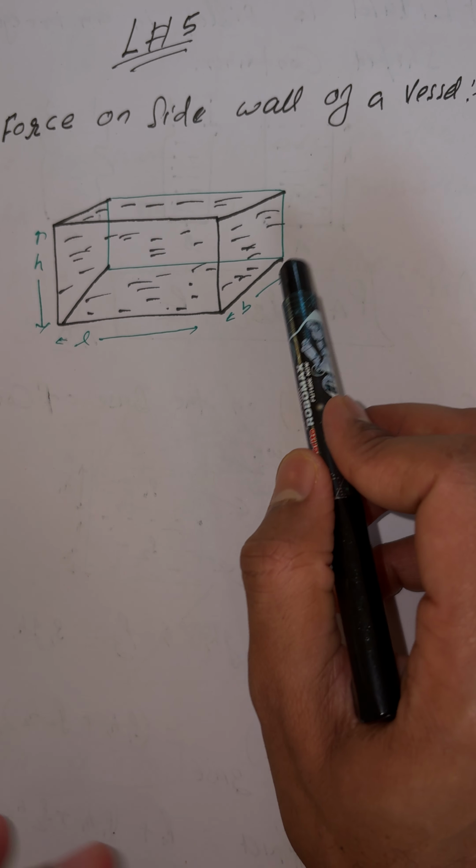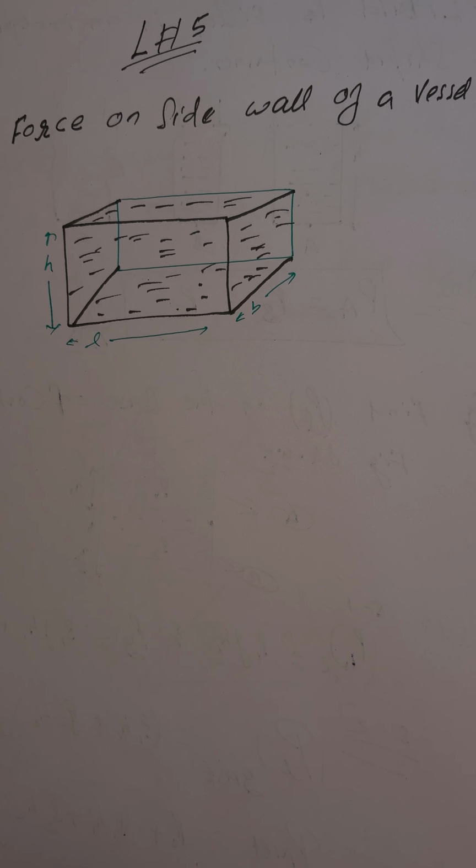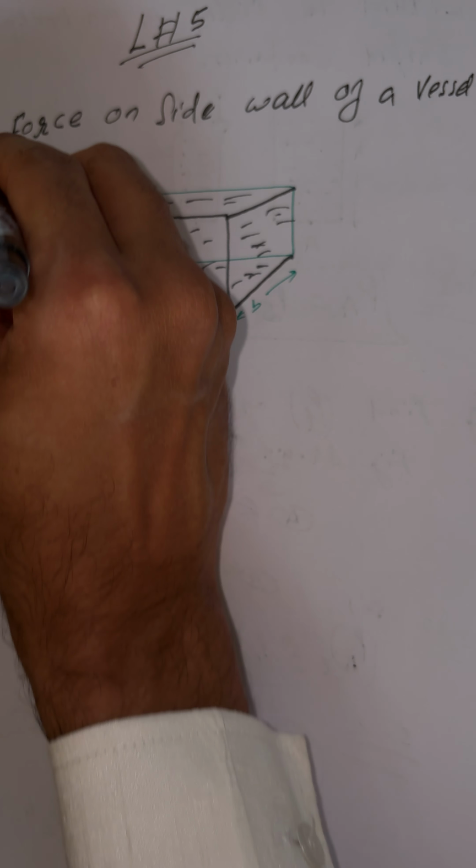So what can we do, students? If you remember the class concept, if there is any variation in a linear way, then for this condition we have to move x and take an element dx. We have to move along x for linear variation. I hope all of you remember.